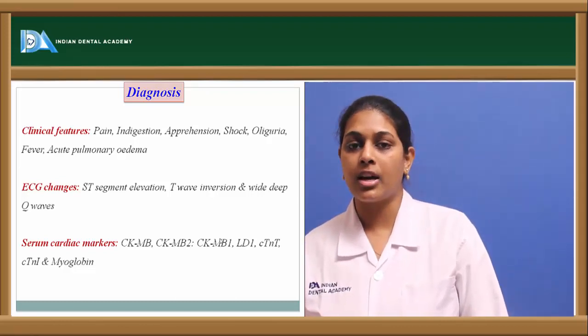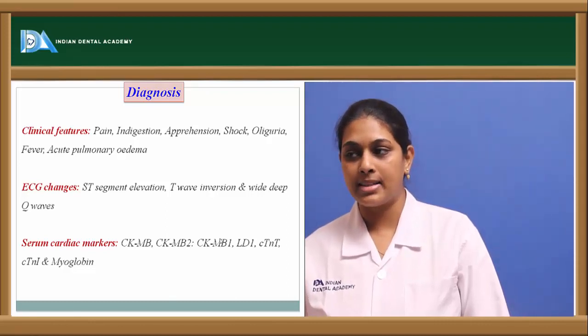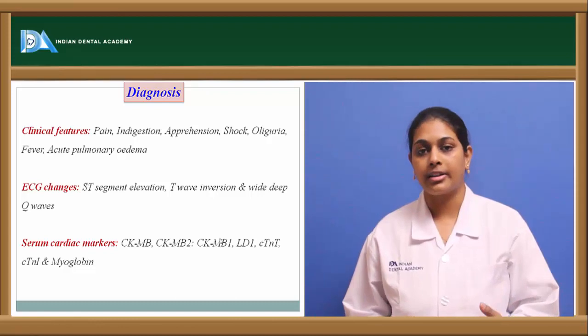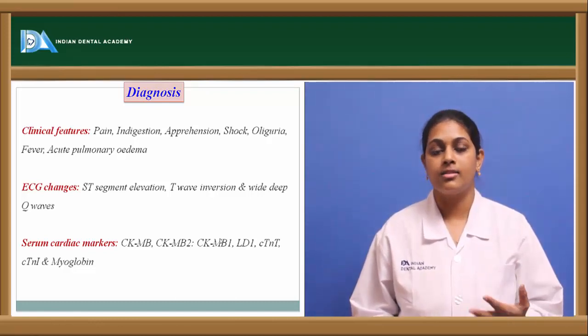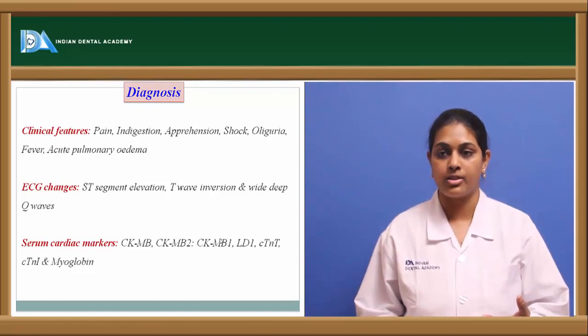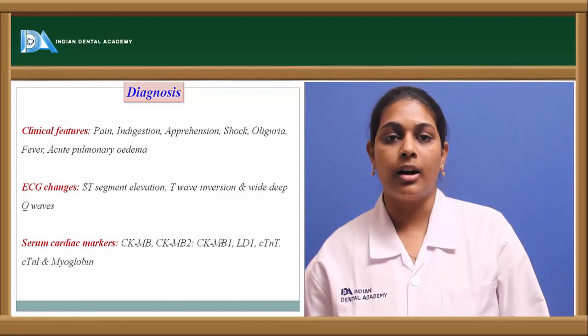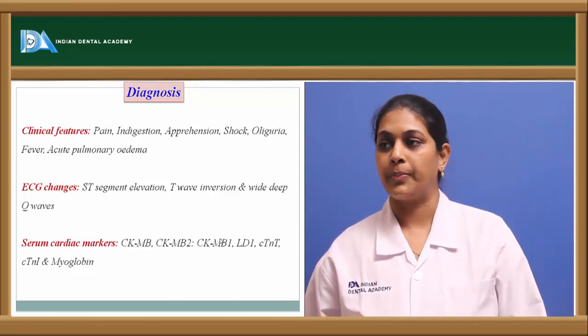Other than that, creatine kinase, associated with the myocardium as well as skeletal muscle, and lactate dehydrogenase, an enzyme, are also altered in these patients. These are the diagnostic features which help establish a diagnosis of acute myocardial infarction.